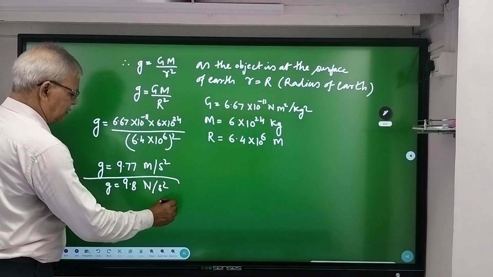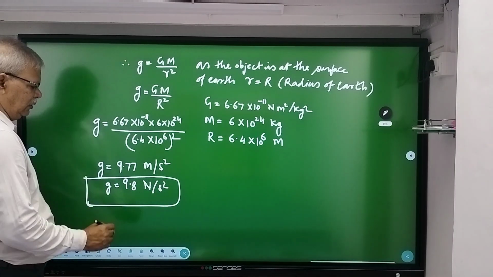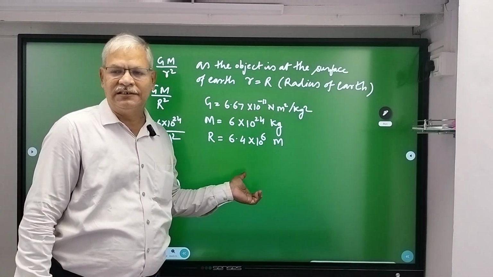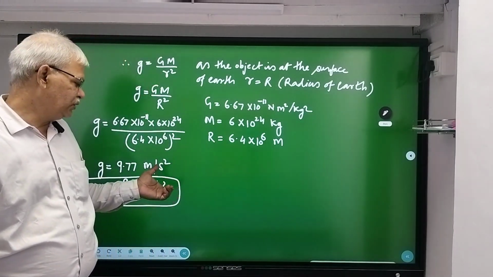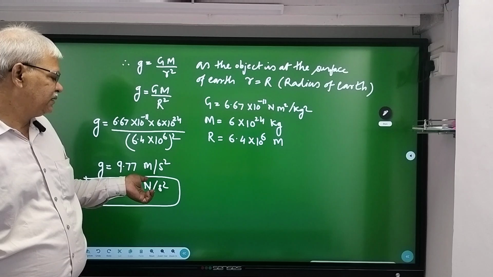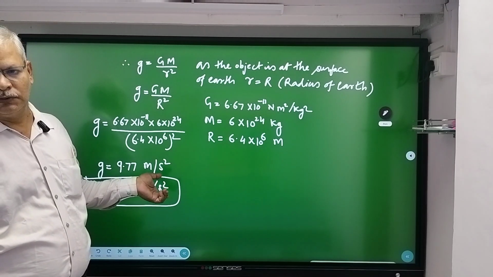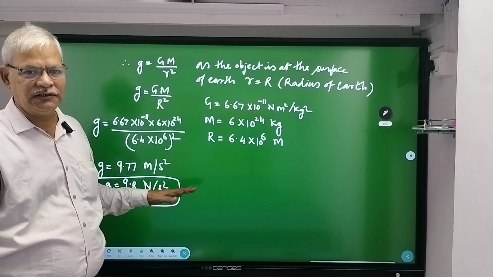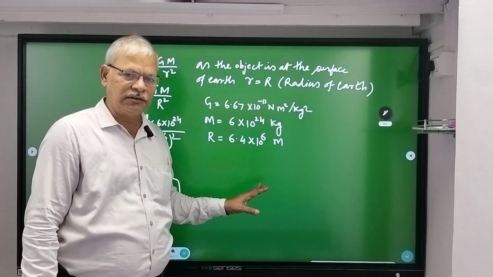Okay. Therefore, g is equal to 9.8 is considered as the constant acceleration due to gravity. Okay, its value is constant on the surface of the earth.